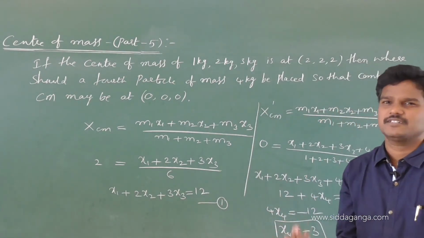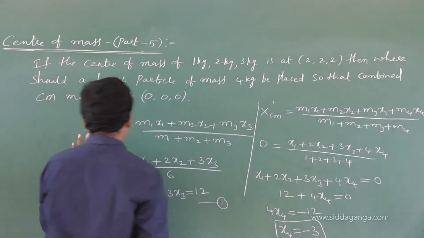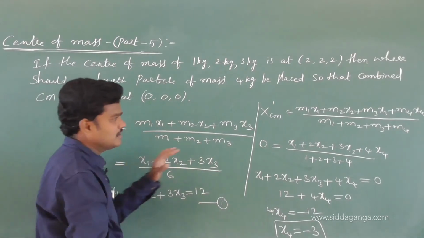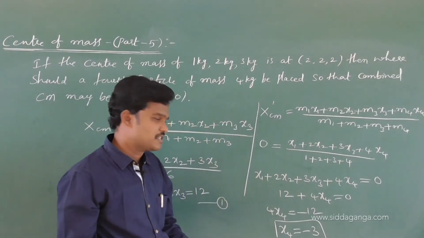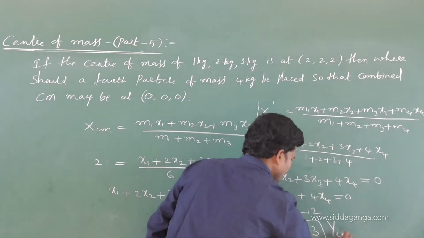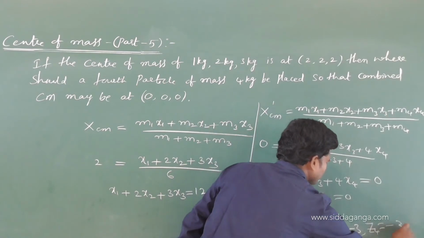So, the fourth particle we have to place at the minus 3 coordinate. If it is centimeter, then centimeter, meter means meter. In the same way, if you solve for Ycm, you will get the same equation, and for Zcm, you will get the same equation. So similarly, the y4 coordinate is also minus 3, and z4 also minus 3.